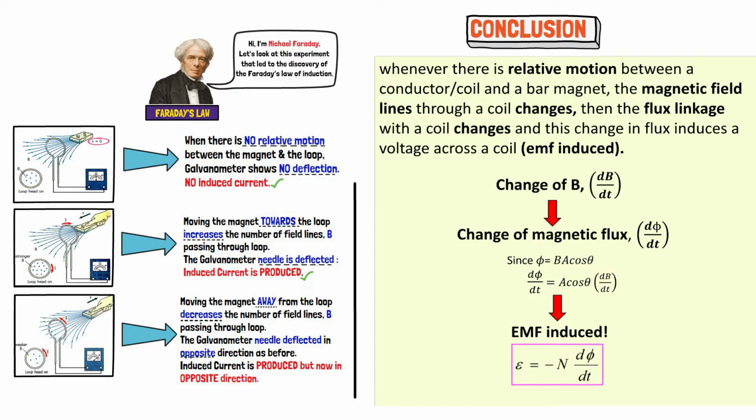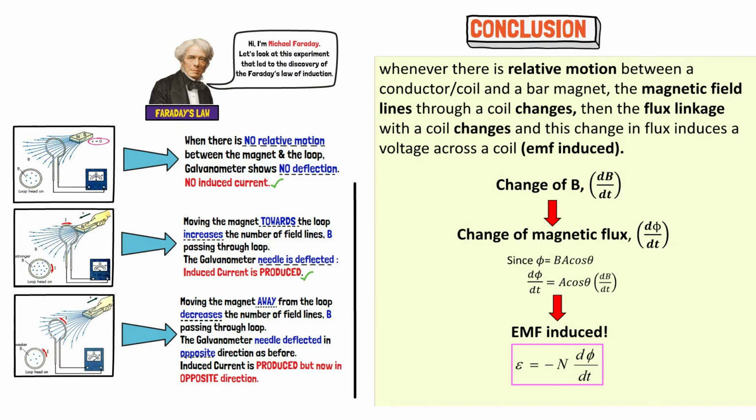So berdasarkan equation magnetic flux BA cos theta, jadi kalau kita substitute equation of the change of magnetic flux dphi over dt, kita boleh nampak dekat sini, dphi over dt is equal to A cos theta dB over dt. dB over dt itu menunjukkan perubahan magnetic field yang berlaku disebabkan bar magnet tadi bergerak mendekati ataupun menjauhi coil.